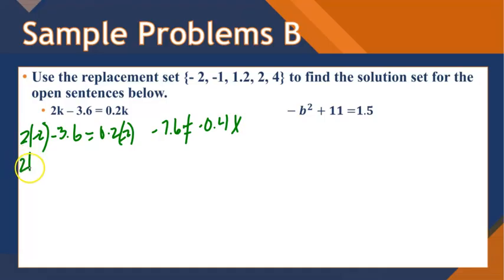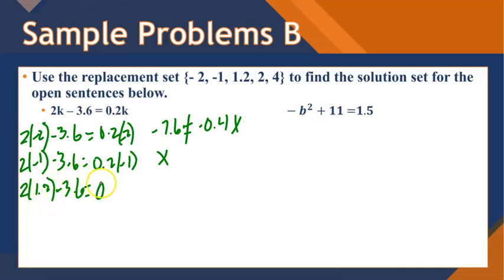If we try negative 1: 2 times negative 1 is negative 2, minus 3.6 would give us negative 5.6. And I know that 0.2 times negative 1 does not work. So let's do 2 times 1.2 minus 3.6. Let's see if 0.2 times 1.2 works. 2 times 1.2 is 2.4.